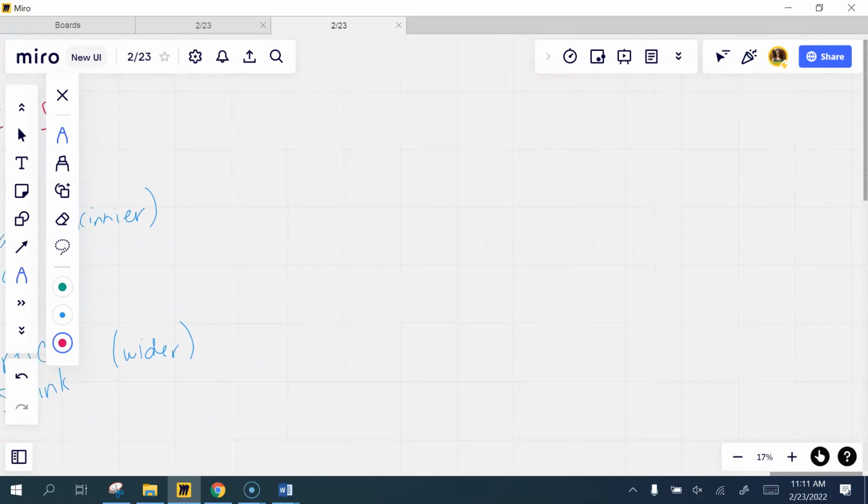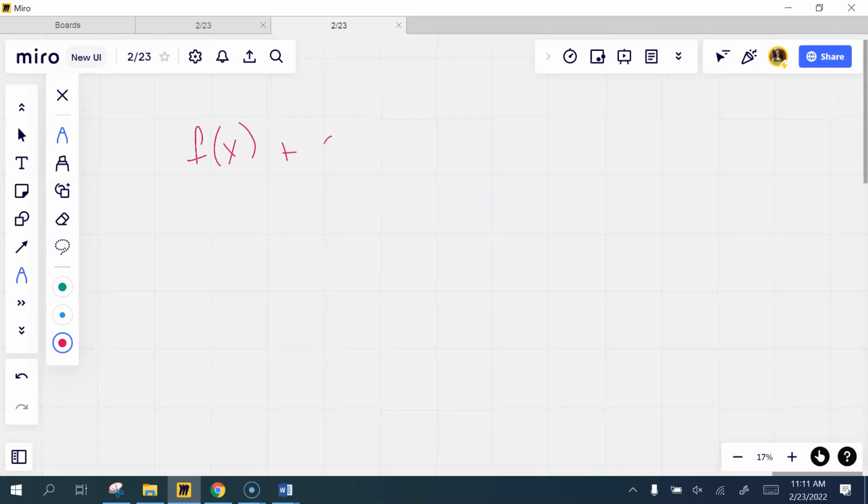So if you look, you'll notice that it's similar to what you have on the sheet we just filled out, but it's a little bit different. I added an extra column in there to help you. So for instance, on the first one, you have f of x plus c. And that's the function notation. That means you can take any function, and this doesn't just work with parent functions, this works with any function in the world.